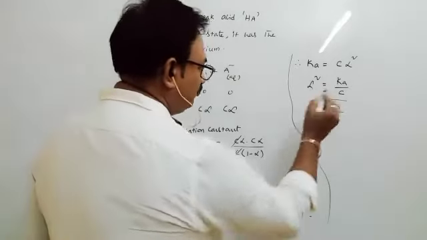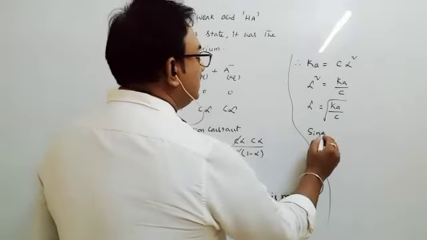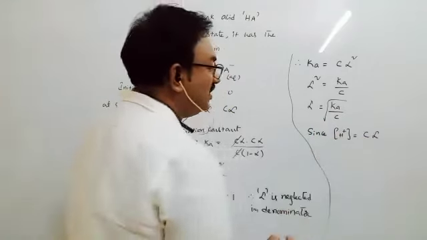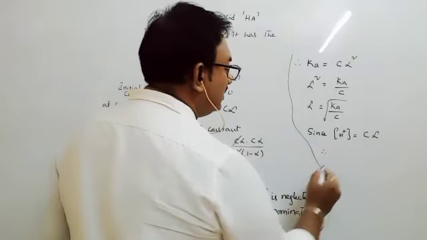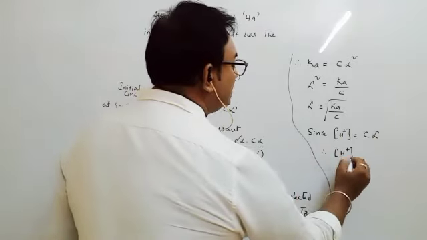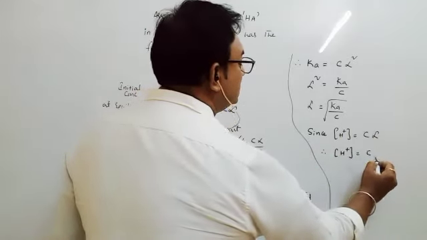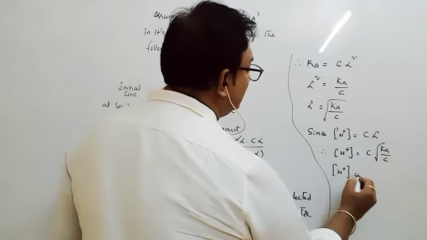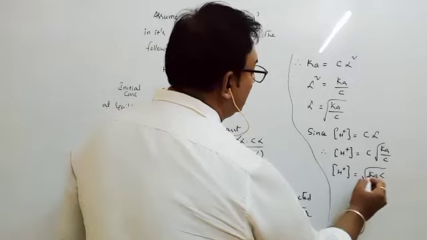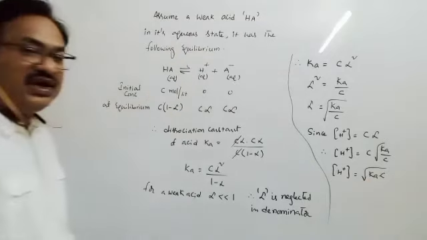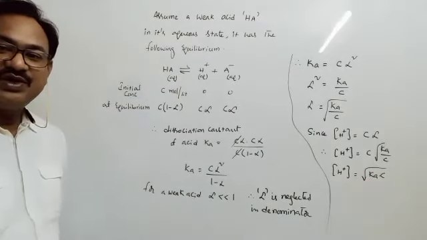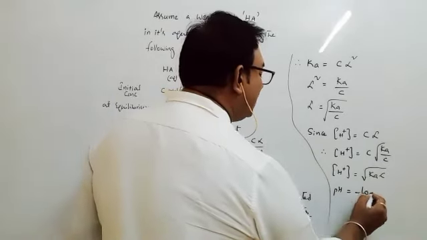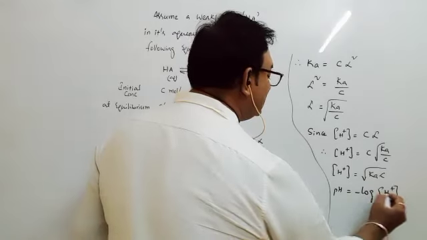Next, since H plus ion concentration is equal to C alpha, therefore H plus ion concentration is equal to C into root Ka by C. Therefore, H plus ion concentration can be written as root Ka into C. pH is equal to minus log of H plus ion concentration.